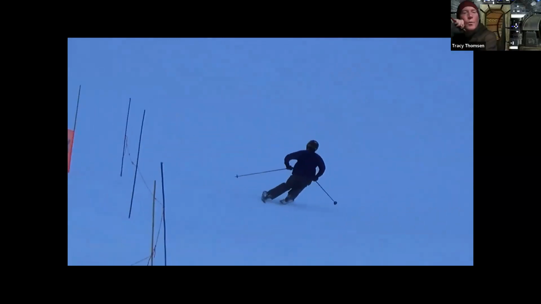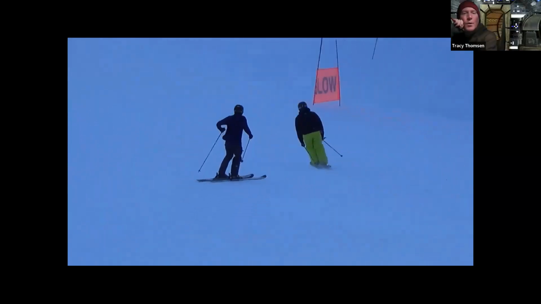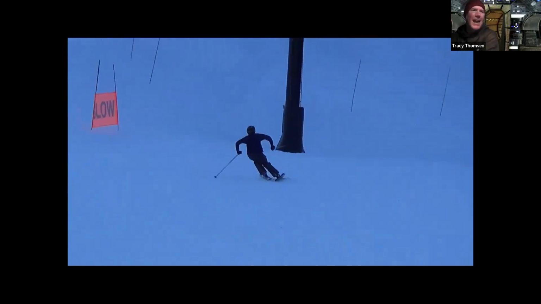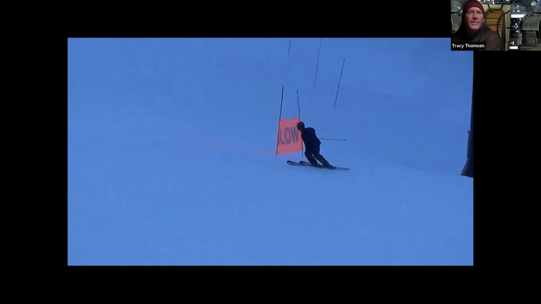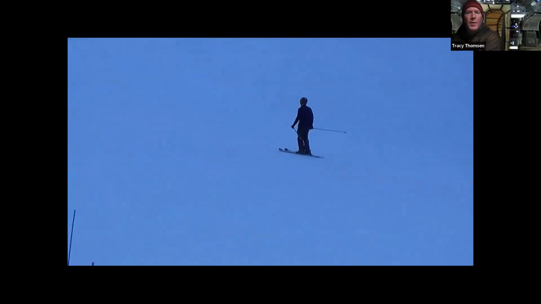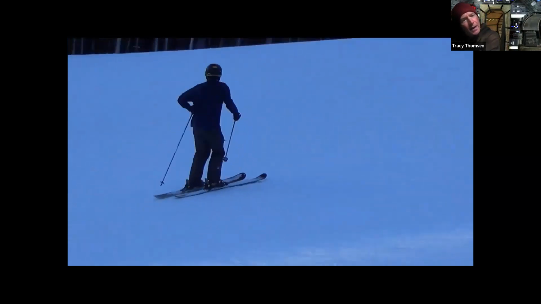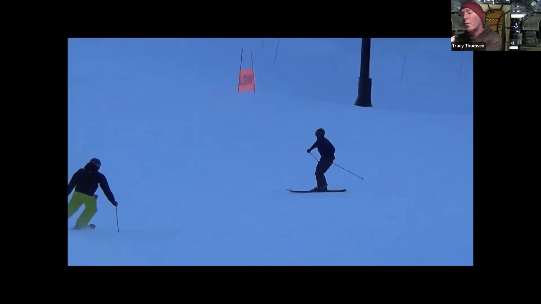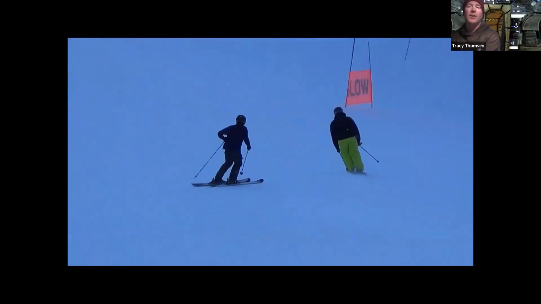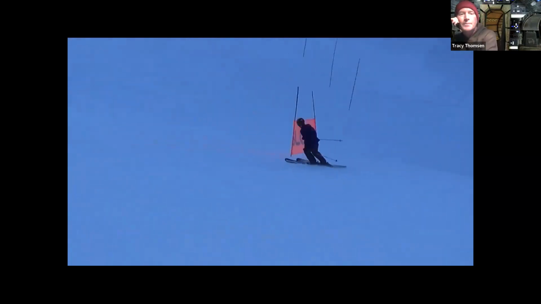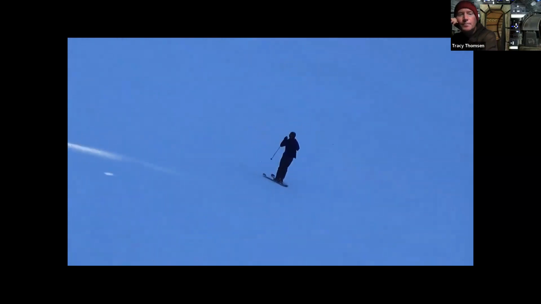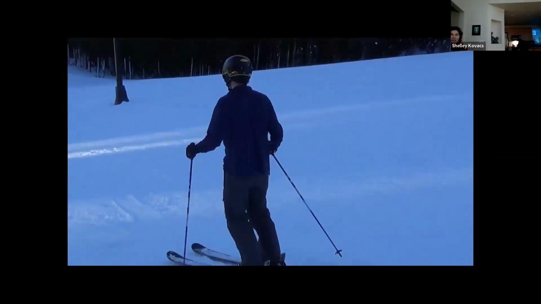So I'm curious, when we move into being more dynamic, or talk about either flexing or extending through certain parts of the turn, if we stay with the shaping phase, are they flexing through the shaping phase, or more extending through it?